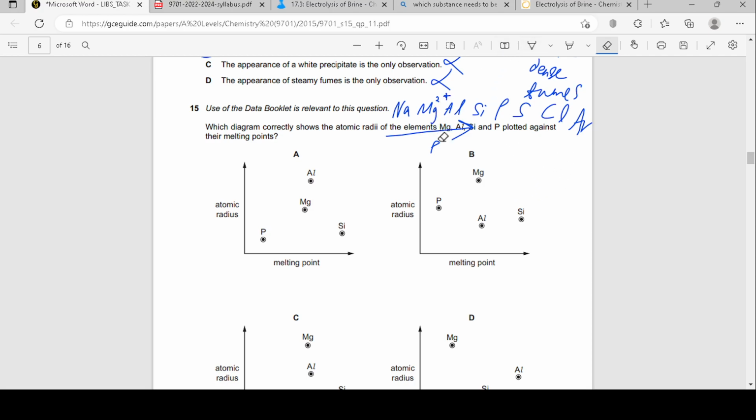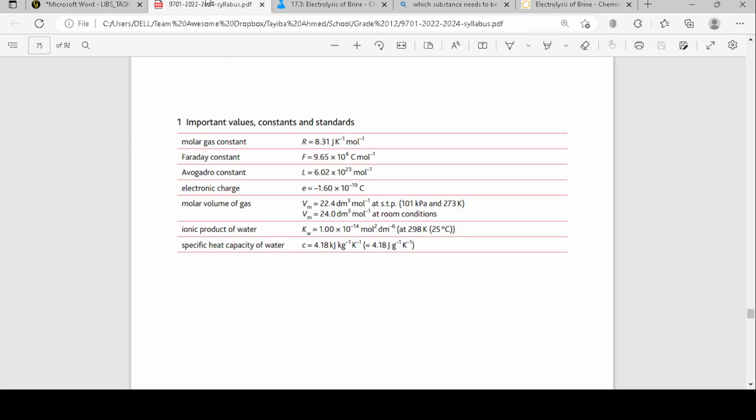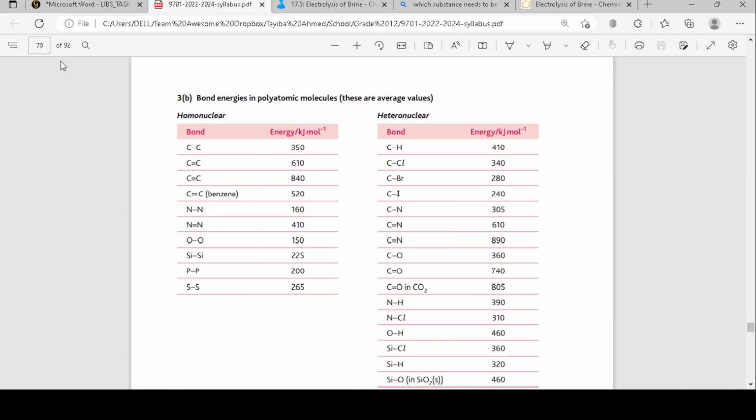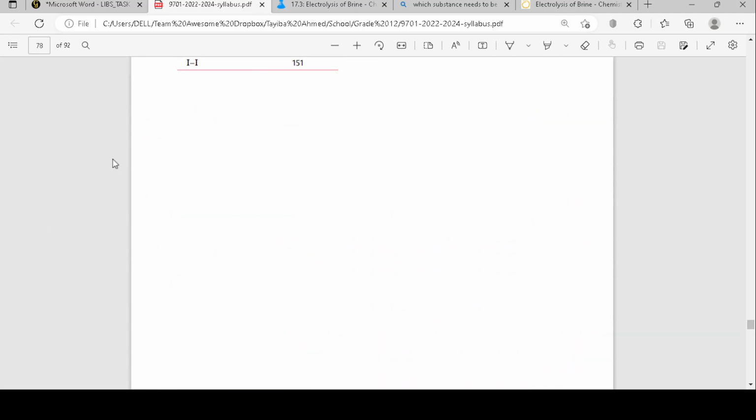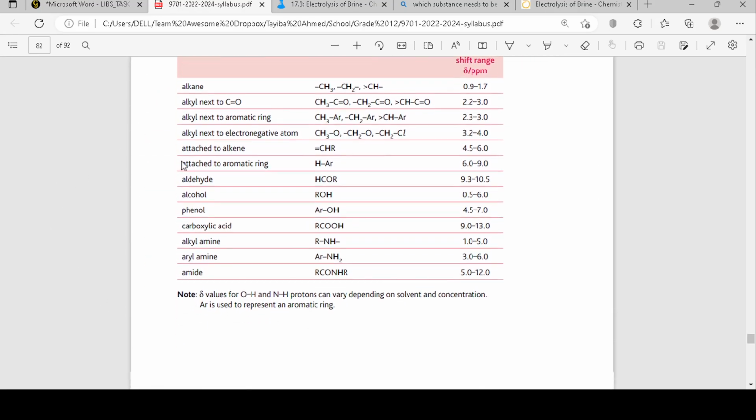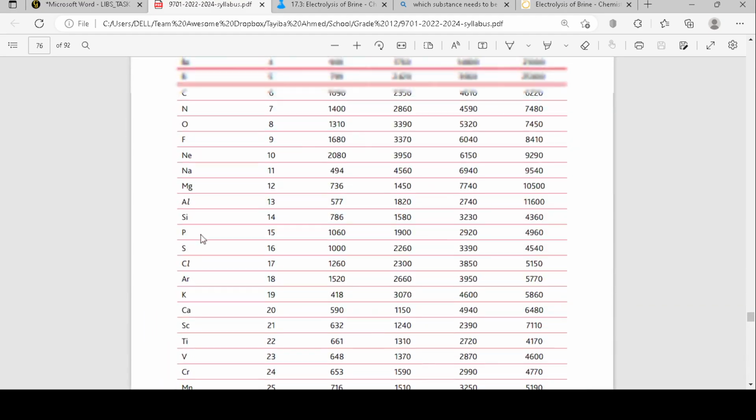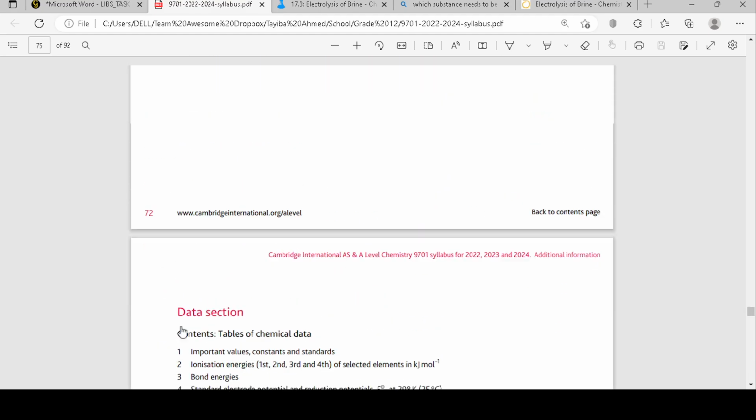So that's for the cations. I'm talking about cations. I think the Al3 plus cation is smaller than the Mg2 plus. You can check the data booklet for that as well. Otherwise, even if you just use the logic of the sea of electrons, that should be enough. But that isn't even in this data booklet, is it? No, it's not.